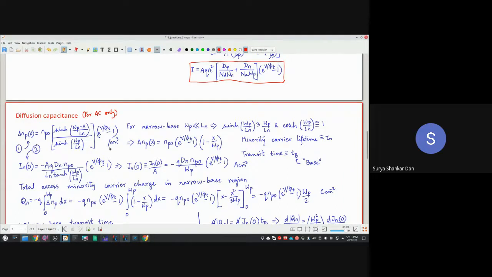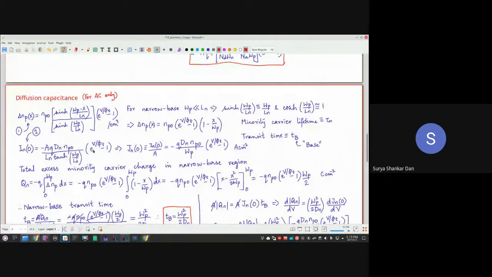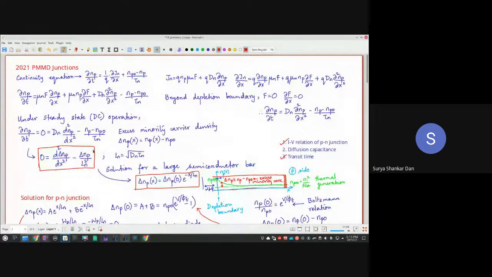So that completes our analysis. We have modeled the two capacitances of the diode, we have modeled the IV relation of the diode, and the transit time. We have also discussed the electrostatics as well.